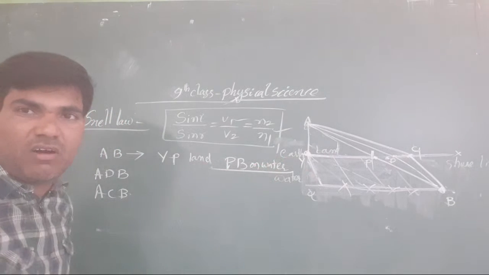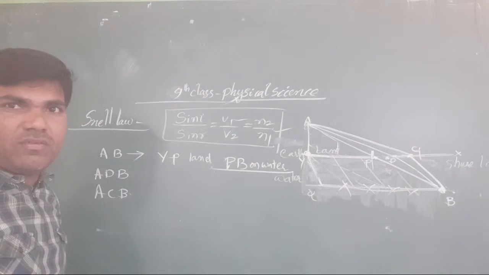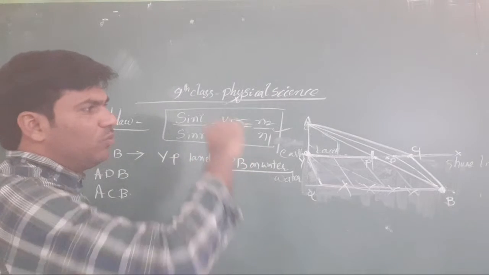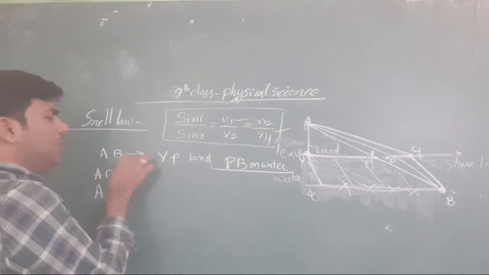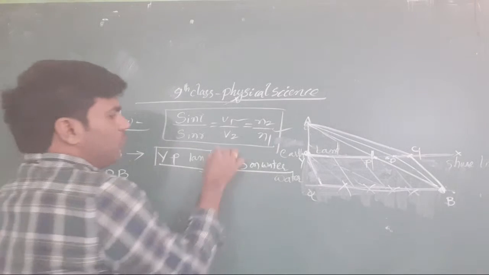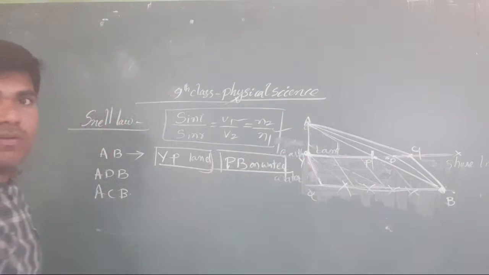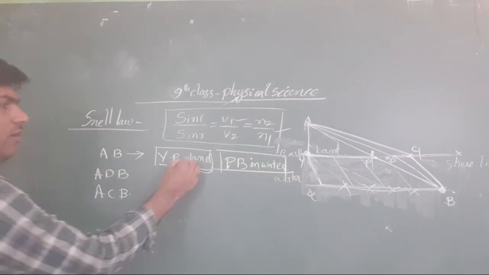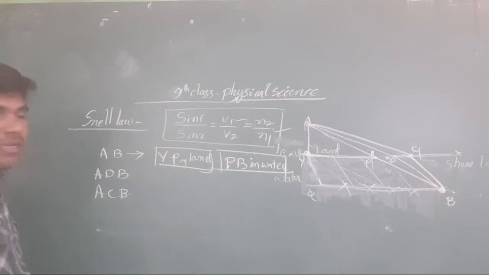All of this is not there in the textbook. Here we talk about the path's nature. How do we cover the path? A to B: A to P is on land, P to B is in water. Clear or not, all of you?